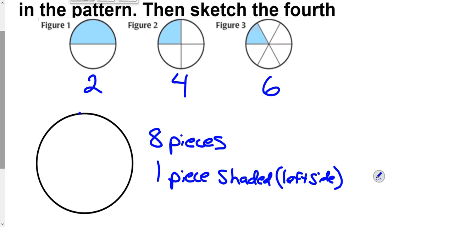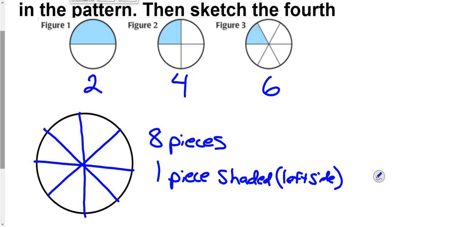So if I draw my 8 pieces, and then I shade above the half line and to the left, this would be my conjecture, or really my inductive reasoning. It's my conjecture based on the patterns that I saw.